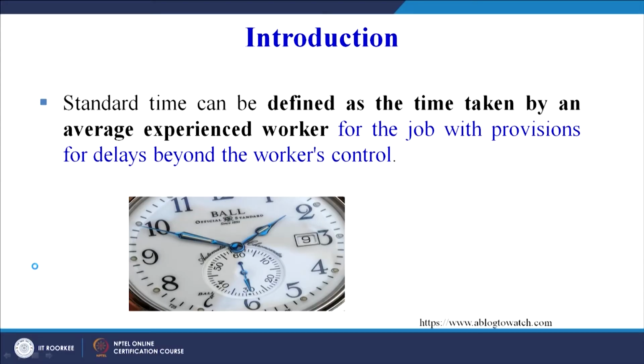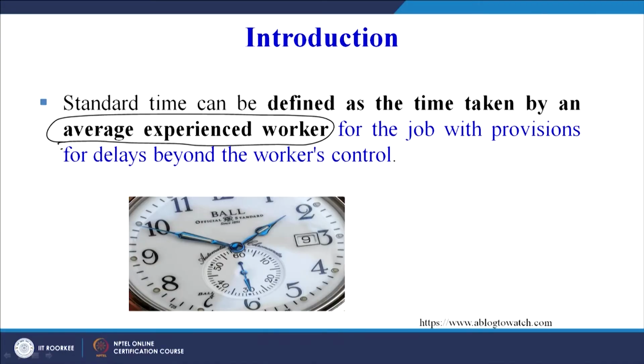Now standard time is coming again and again. Standard time can be defined as the time taken by an average experienced worker. So instead of qualified, now we are using another terminology, average experienced worker. Another important point to note is that the worker cannot be a new worker or a person who does not have adequate experience in performing that task.